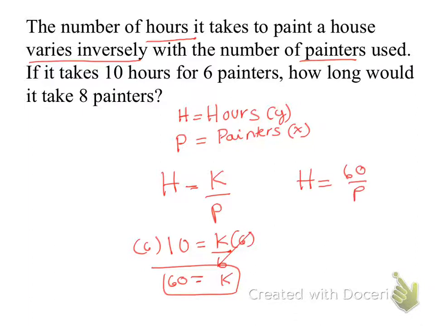Now it says, once I find the constant of proportionality, how long would it take 8 painters? So hours equals 60 divided by 8. 8 goes 7 times, it's 56, and what do I have a remainder of? Right, 4 over 8, which would be 0.5 hours.